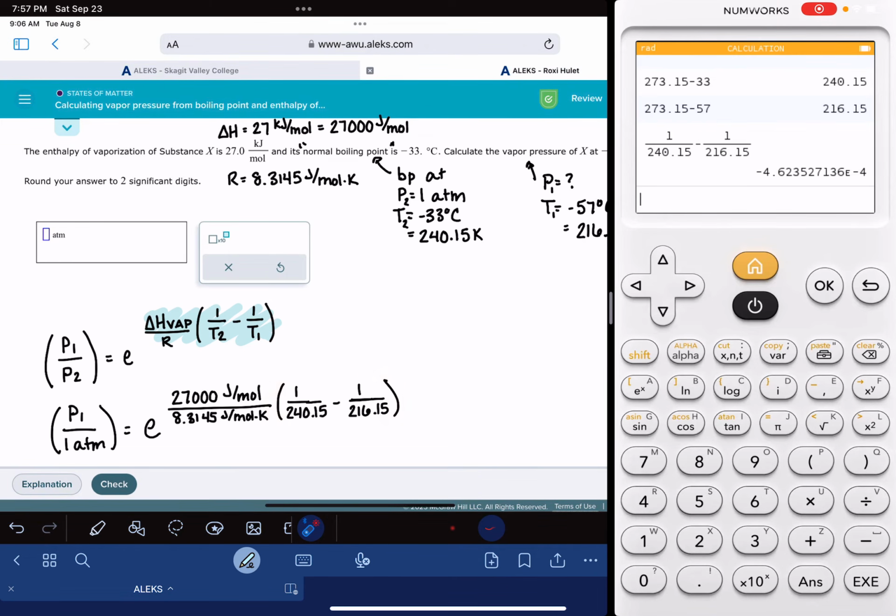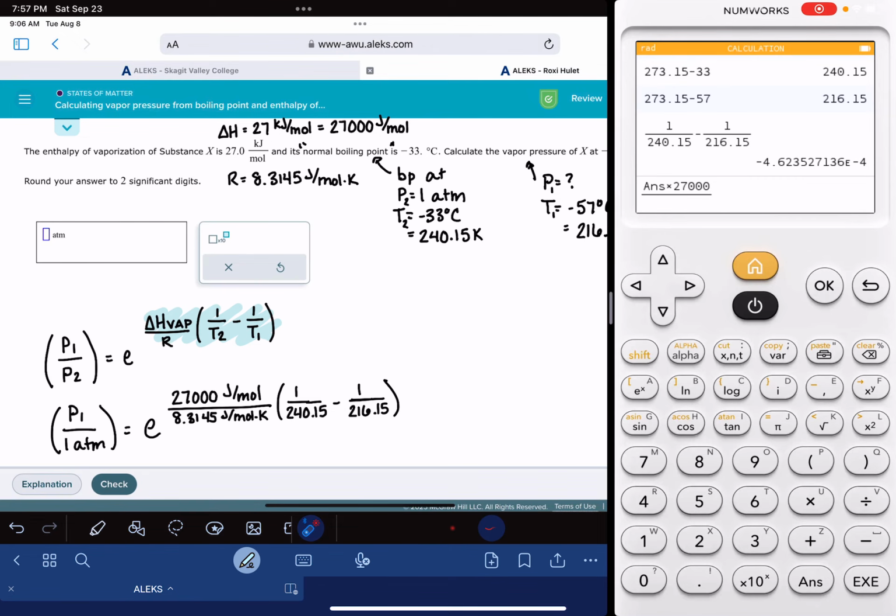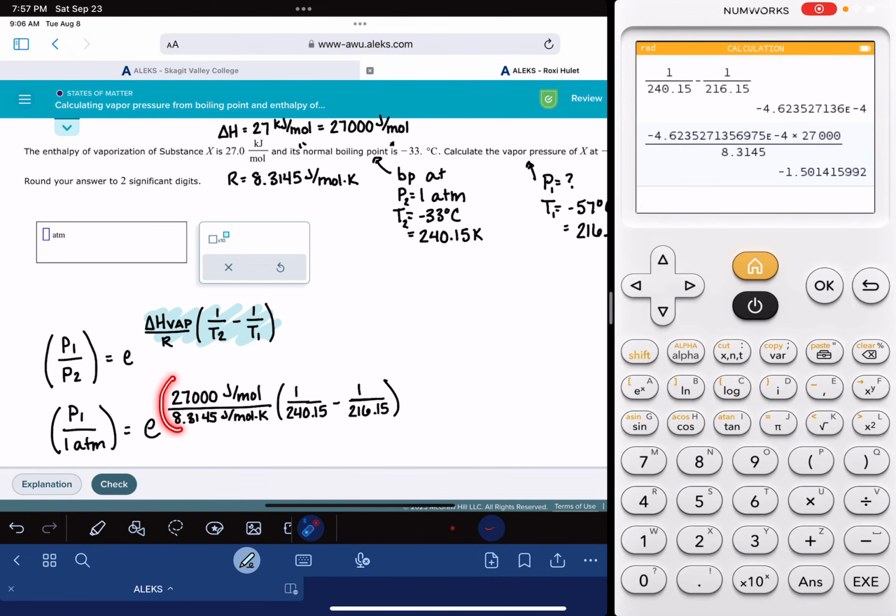And now I'm going to multiply it and divide it by these other two numbers here. Multiplying it by the 27,000 and dividing by 8.3145. So I've done all of this math right here. Now that number that I just got, the negative 1.5 on my calculator, that is my exponent. So I'm going to do e to the answer.